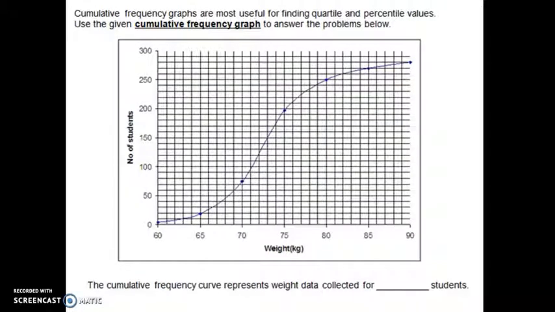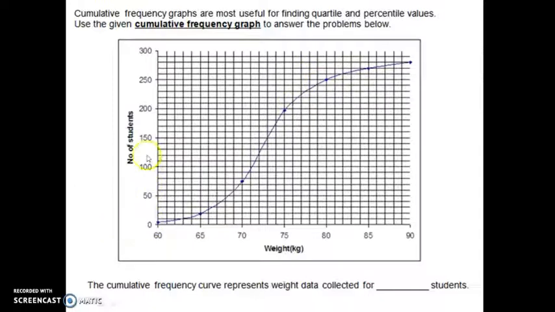All right, here's the cumulative frequency curve given to you in this problem. This is for weight data and number of students. So if you look at this curve here, the first thing it asks is, the cumulative frequency curve represents weight data collected for blank. How many students? Well, this curve represents the accumulation of all the data.